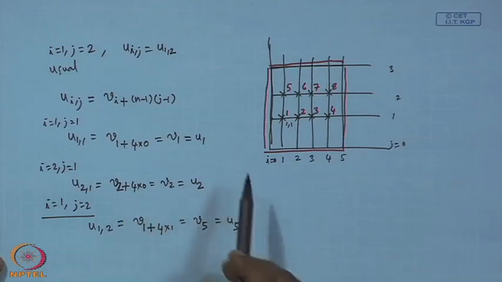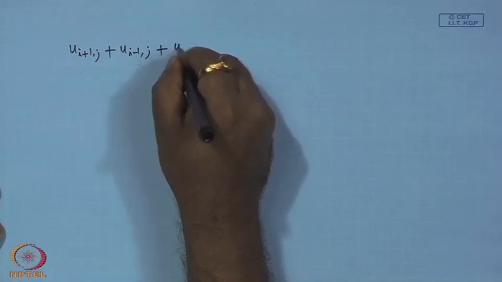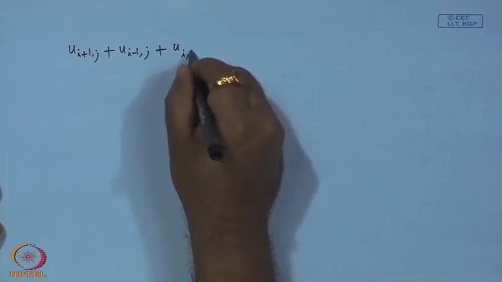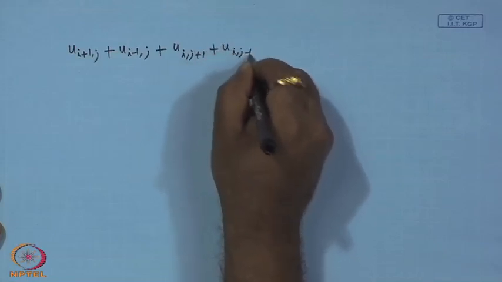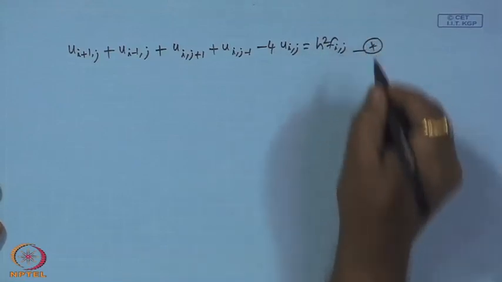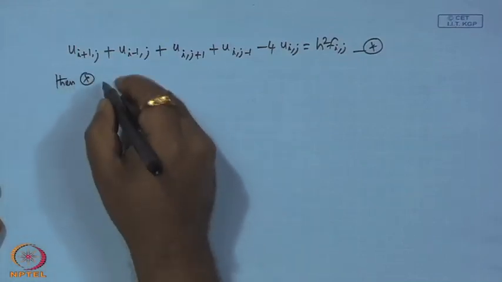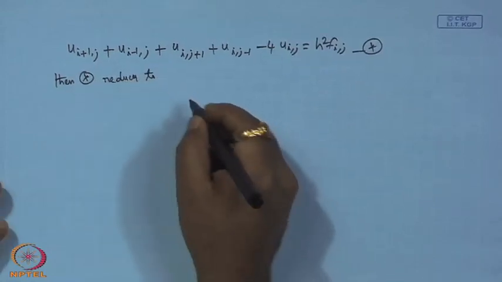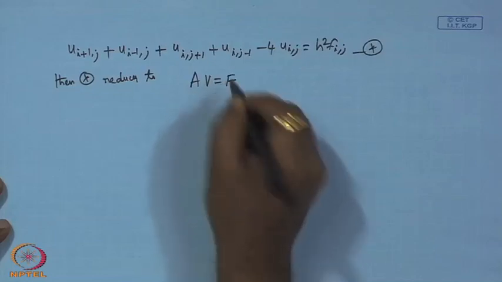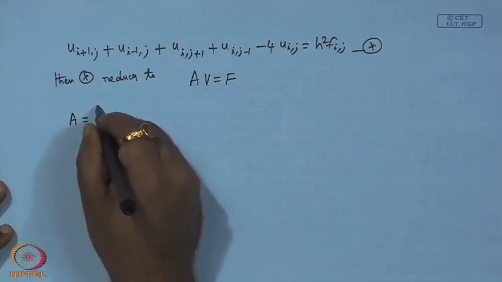With respect to this enumeration, consider this equation, call it star, and with the corresponding enumeration, star reduces to A v equals f, where A has the following structure.